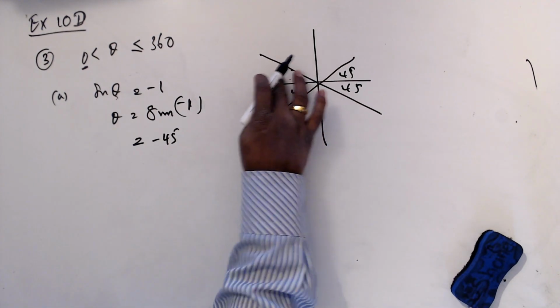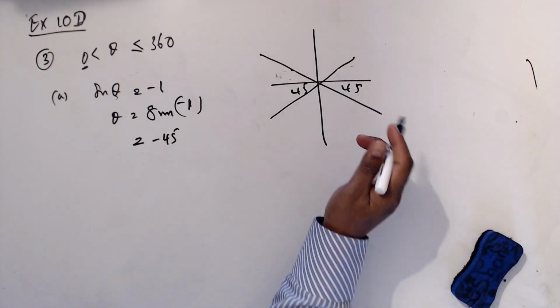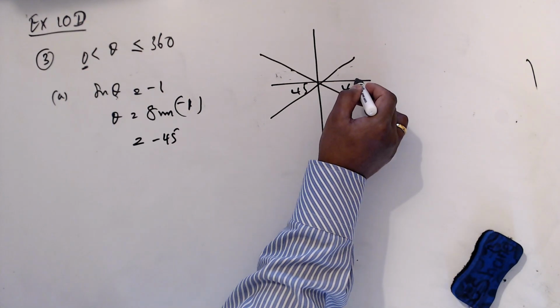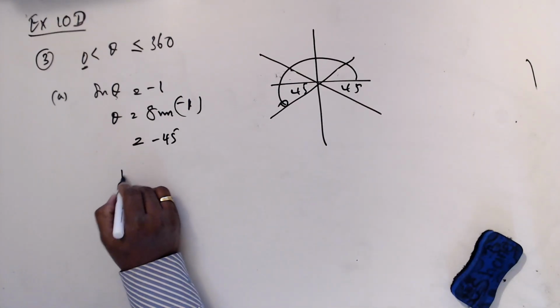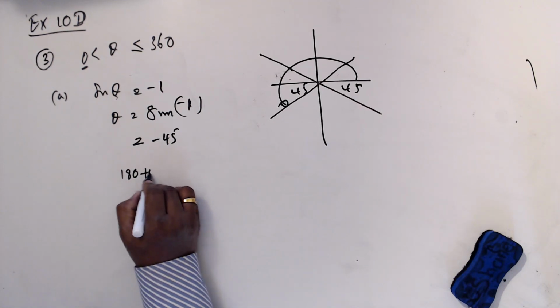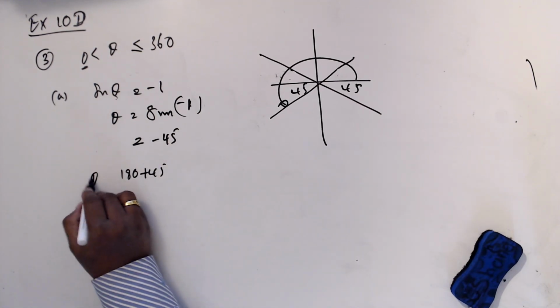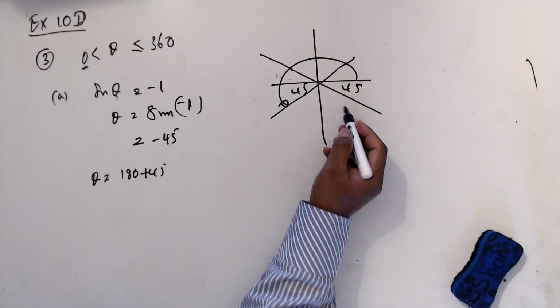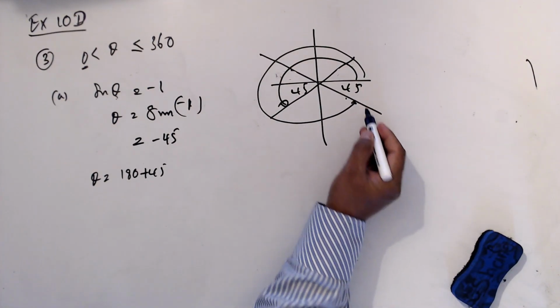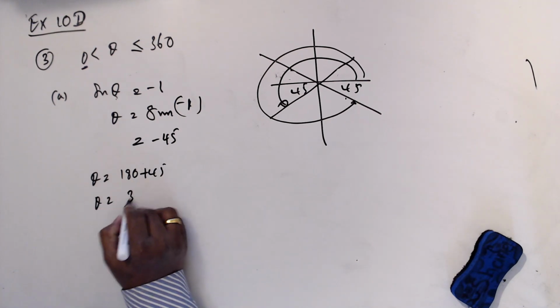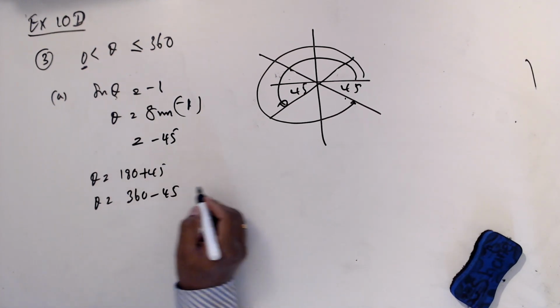It means actually we don't need those two answers. We have to start from here. One answer is this one, that is 180 plus 45, theta equal. The other answer is this one, theta equal 360 minus 45.